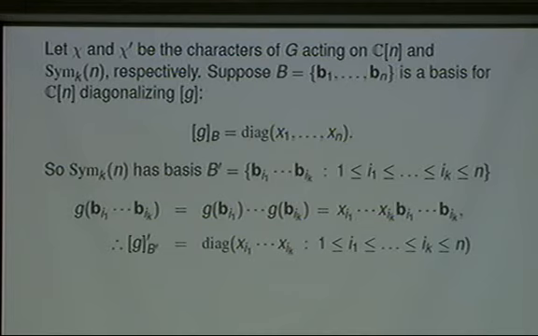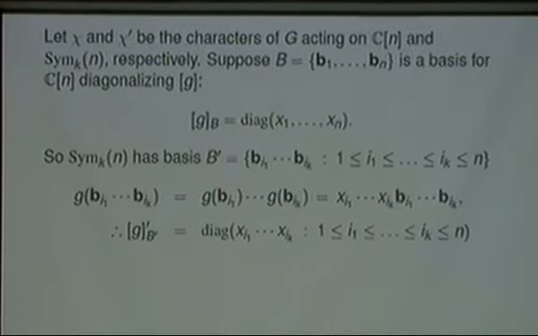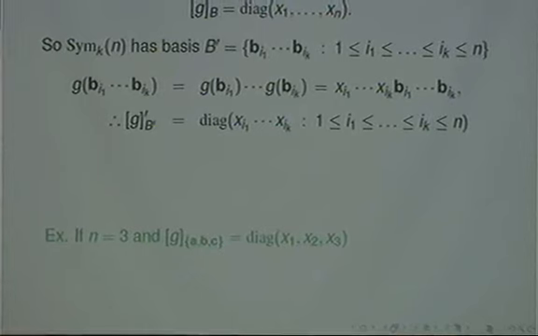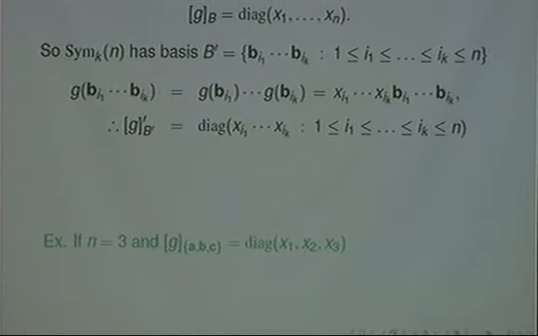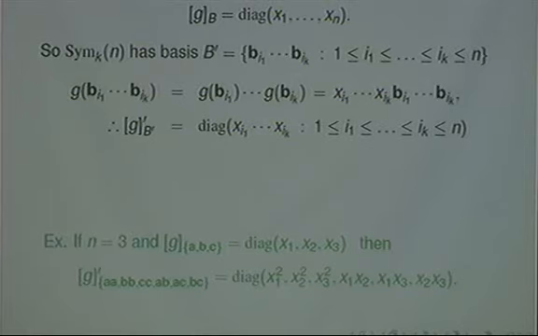So if these are all eigenvectors, what is the matrix going to look like? It's just going to be a diagonal matrix with these eigenvalues on the diagonal. For example, suppose we're back to the case when n is 3, and we've got some basis which diagonalizes G. So the basis is a, b, c, and the corresponding eigenvalues are x1, x2, x3. What's going to happen if I now look at the version in Sim?